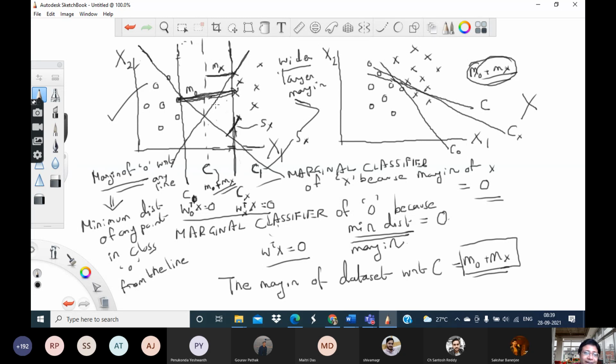Whereas in this case, if I choose a line like C or even a line like C1 as my classifier, I can expect reasonably good performance on the testing set. So that is why I say that this data set has a larger margin.